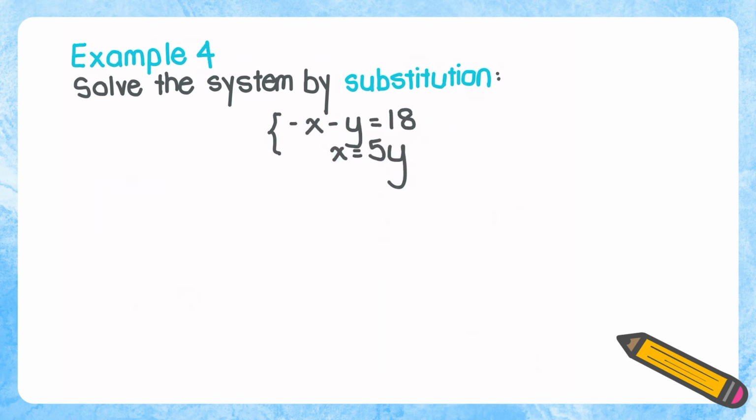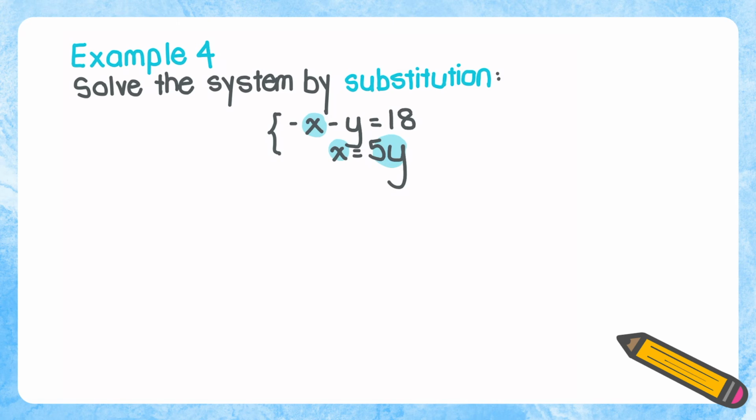So this example is similar to the one we just did. Let's say we have these two linear equations, negative x minus y equals 18 and x equals 5y. Since our x equals 5y, we're going to be replacing the x in the top equation.